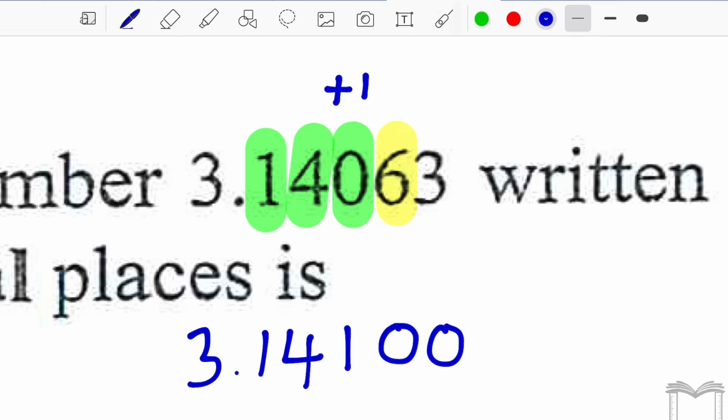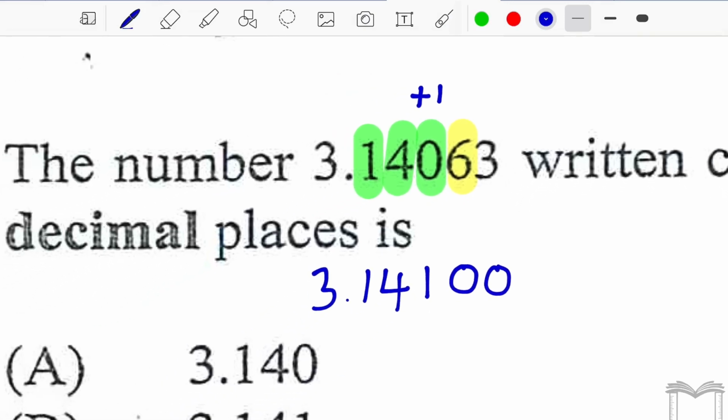So we replace the 6 and the 3 with zeros. Now with decimal numbers, the end zeros are not necessary. So we can actually leave out the last 2 zeros. The number would have the same value. So 3.141 or 3.14100.